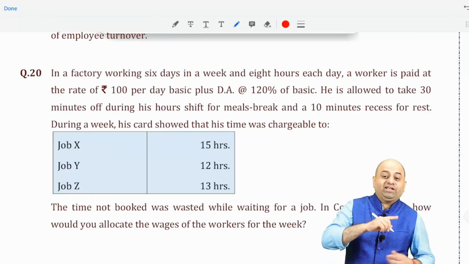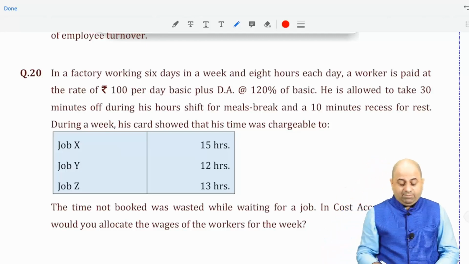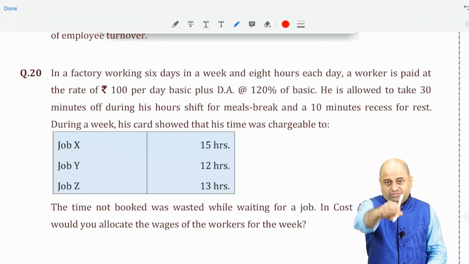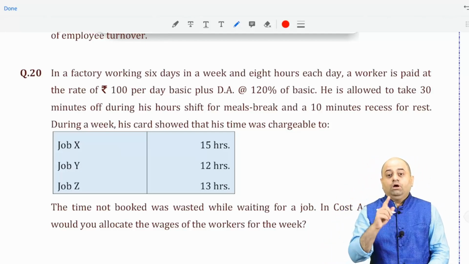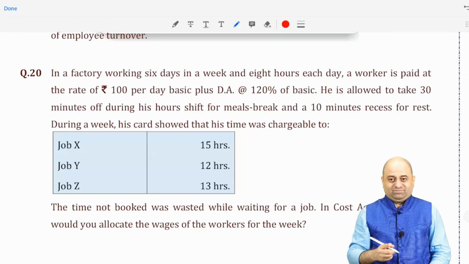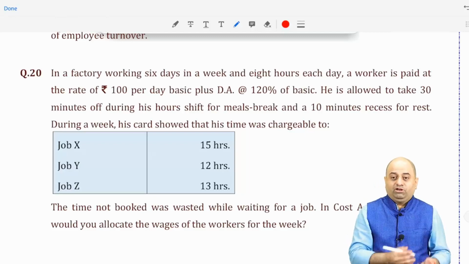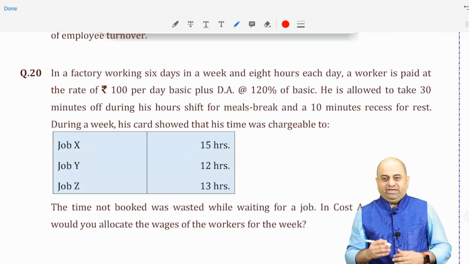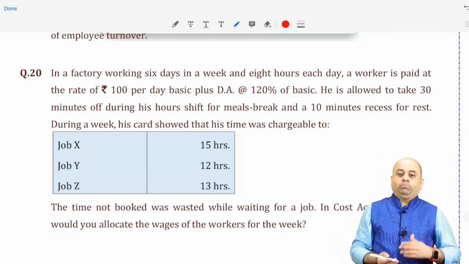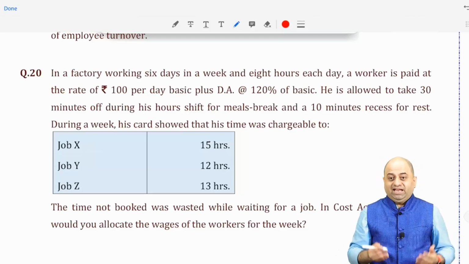We get the effective labor hour rate. We multiply that with the job card hours, which are given right in front of you, and we get the total cost of the worker for a particular job. The remaining time is abnormal idle time, which we will put to the costing P&L account.